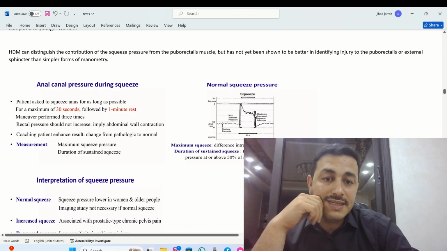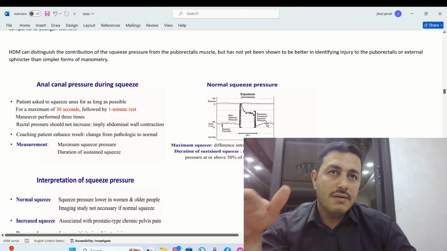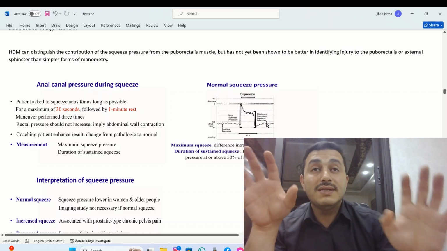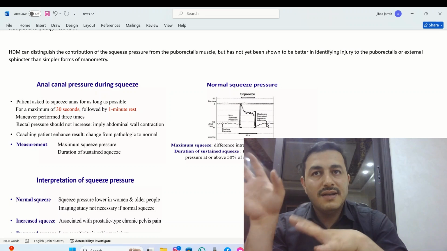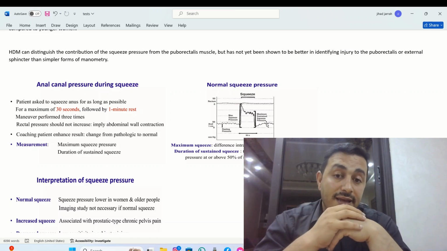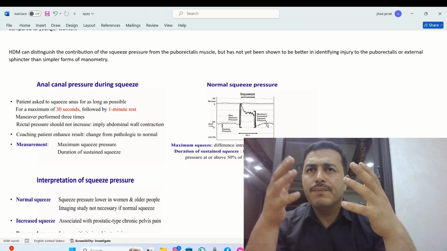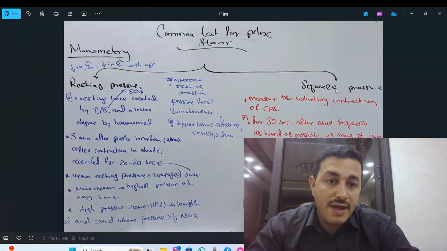This is the maximum sustained pressure. Below this, the patient gets fatigability, and we say that the fatigability of the external anal sphincter is more than the internal anal sphincter.